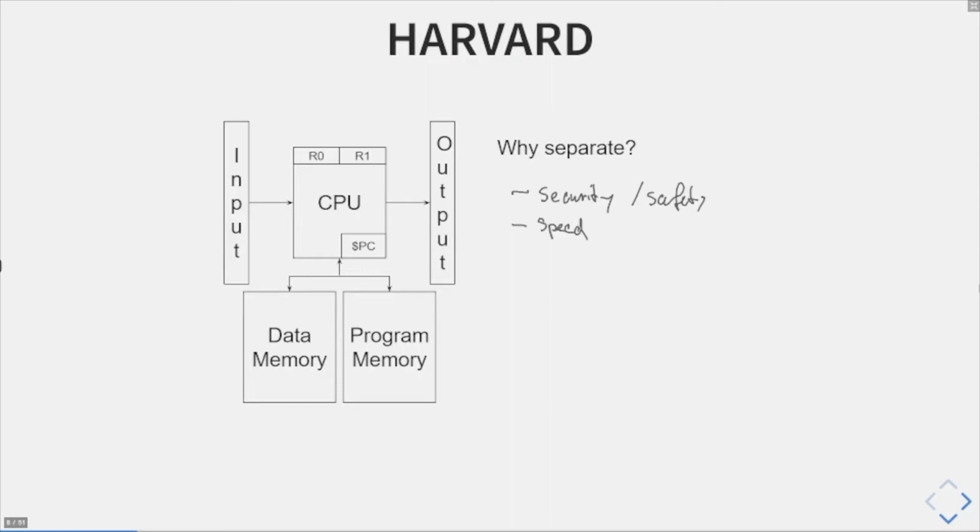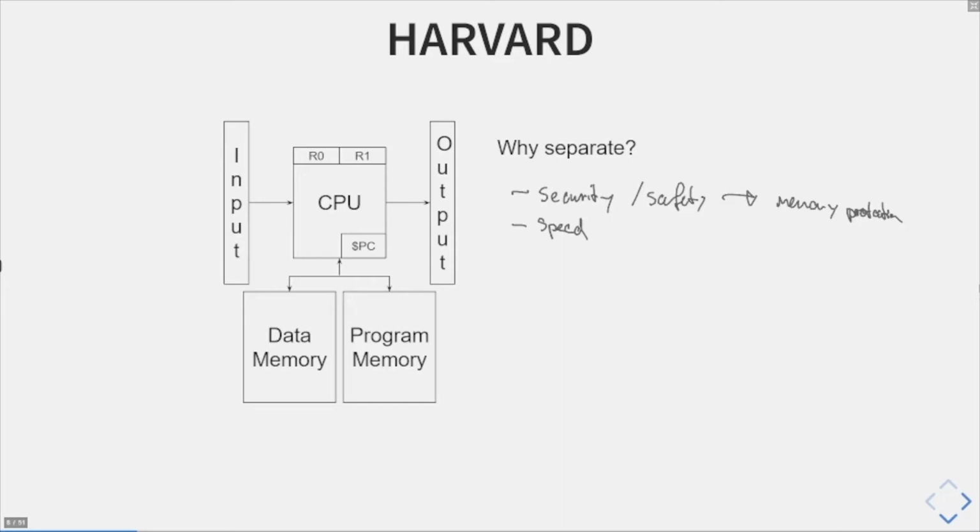So by dividing this, you can actually say, okay, if my program wants to modify memory that's actually program memory, so where my program is stored, the CPU can throw an exception and actually tell the programmer about it. So one thing is the memory protection. It's a very simple way of doing memory protection. That's a good one. The other one is speed.